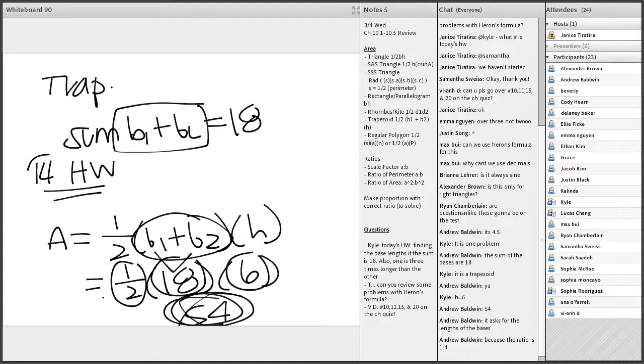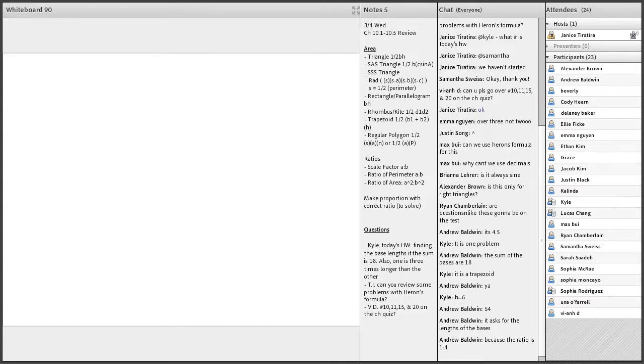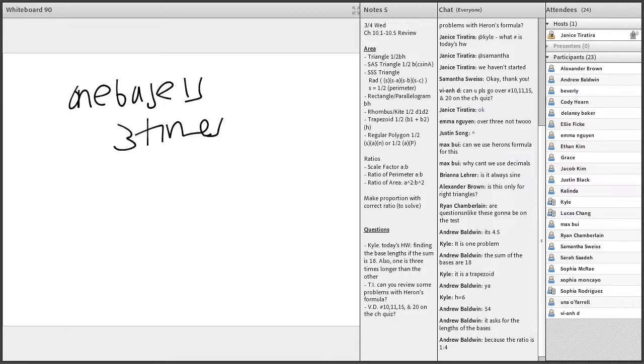Oh, it did say. Oh, okay. It did say, so let's do an extension to this. Although it did say all that stuff, sorry, Kyle, now I read the question. It did say one base is 3 times the length of the other base.